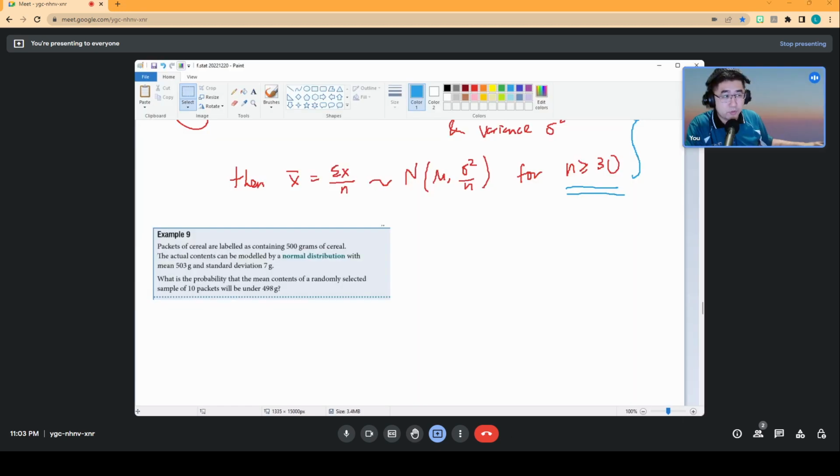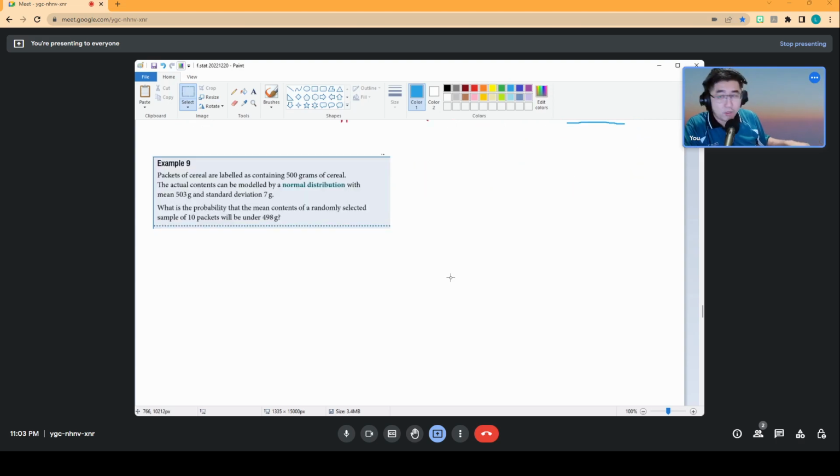A packet of cereal is labeled as containing 500 grams of cereal. The actual content can be modeled as a normal distribution with mean 503 grams and standard deviation 7. So the original distribution is normally distributed with 503 and 7 squared.